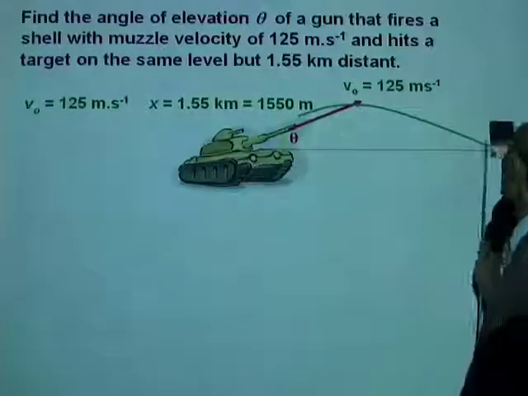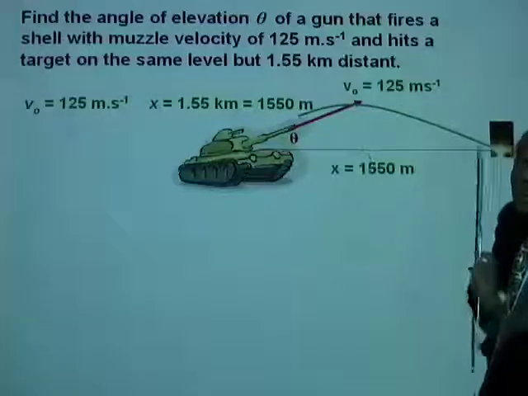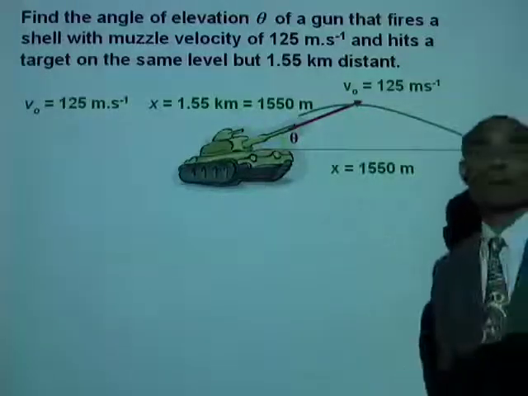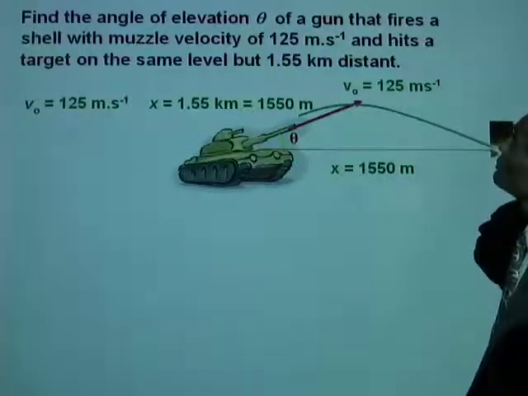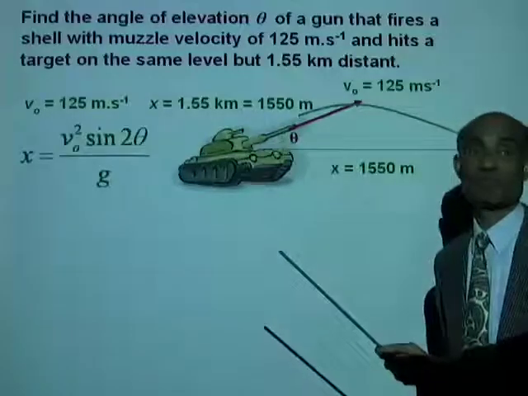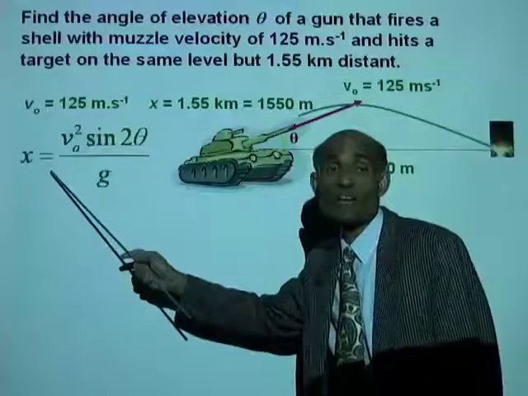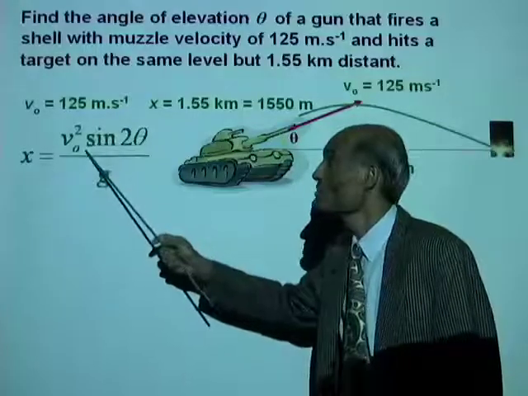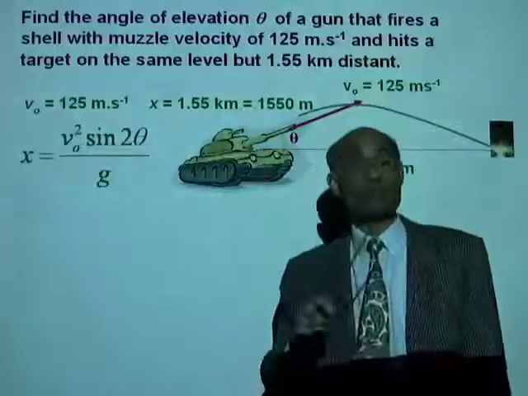And the shell comes over here at a distance x equal to 1550 meters. Alright, how do we use these data to find the angle of projection? Well, you know the horizontal range x equal to V0 squared sine 2 theta over g. We used that in the previous problem.